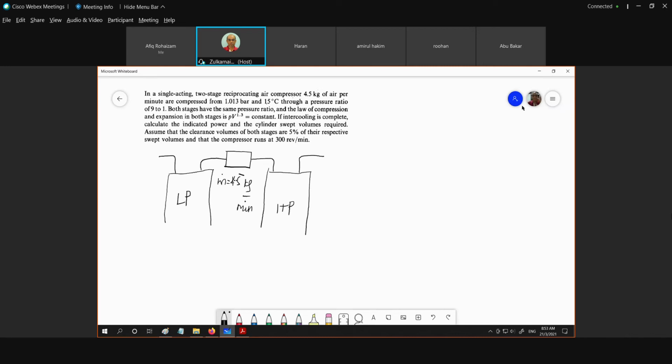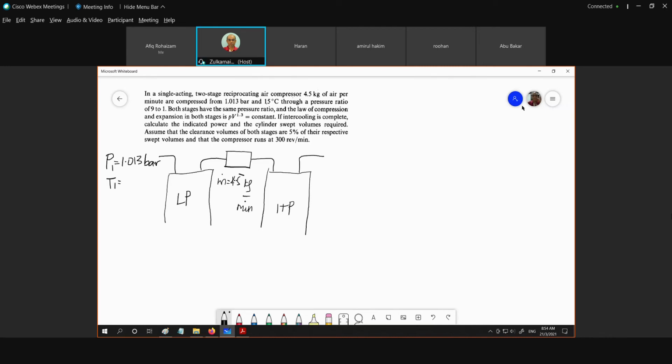Kalau kita lihat di sini tidak ada perbezaan, tidak ada dinyatakan, terangkan perbezaan antara free air dengan kita punya P1 T1. So kita assume di sini adalah P1 lah. Tidak ada penyataan mengatakan dia berbeza. 1.013 bar. And this is our T1 which is equal to 15.